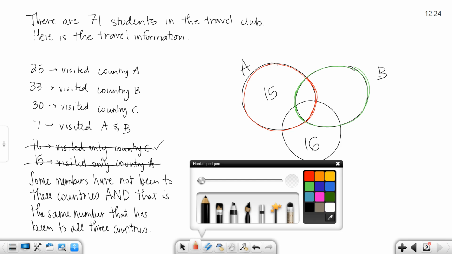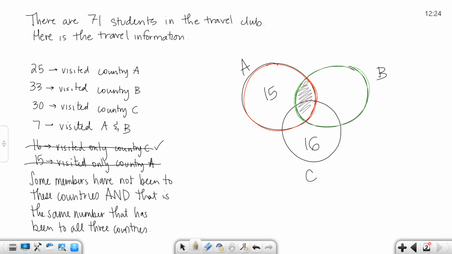Okay, I don't know where they lie, but we know they're in this region right here. 7 people lie in this region right here. But I don't know if they're 5 and 2 or 7 and 1 or 6 and 1. I don't know what they are. So I do know that there are 7 of them. I don't know where to put them yet, but there's 7. Okay.